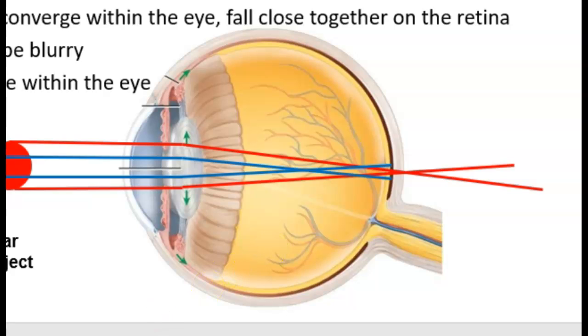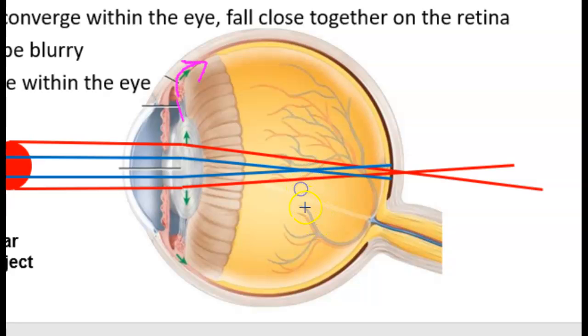Now let's look at what our lens does for far vision, and of course it's going to be the opposite, right? So distant objects again appear smaller. The rays come in closer together than from a near object. And so we don't need to bend them very much to get convergence. So what happens in this case is the ciliary muscle relaxes.